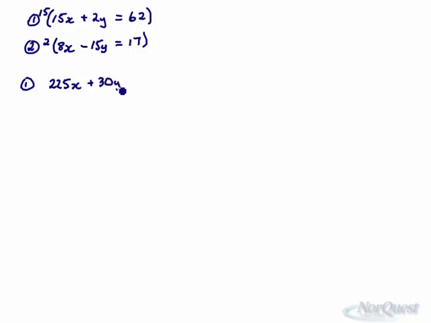And 15 times 62, now these are pretty big numbers. That's okay, we have a calculator. 930. Equation 2 becomes 2 times 8x, which is 16x. 2 times 15y gives me negative 30y. And 2 times 17 will give me 34.